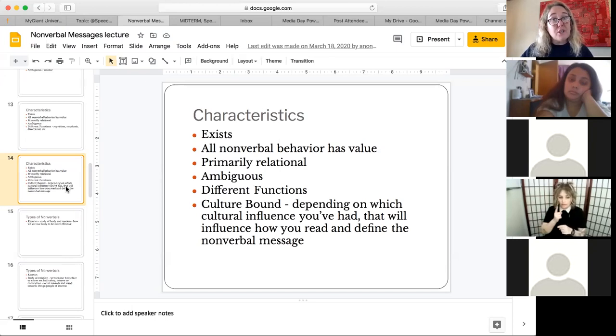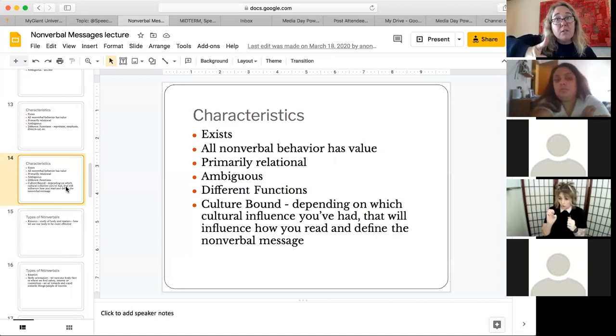We also want to make sure that we know that there are different functions. For example, I might say, great job. So I'm giving even more emphasis with the tone that I'm using, with the nonverbal thumbs up that I'm giving.